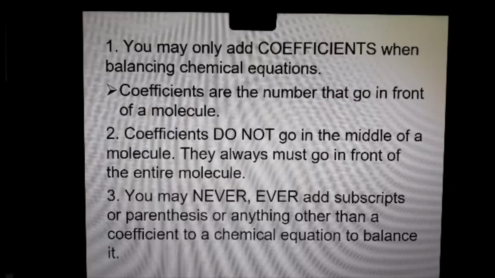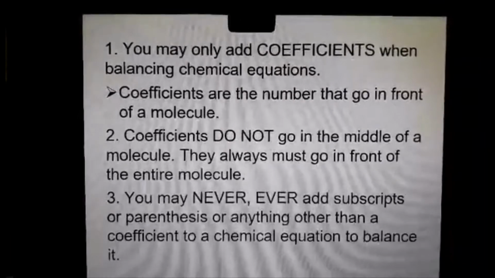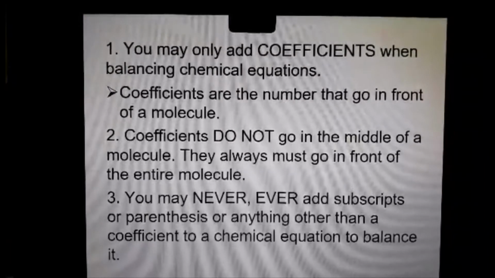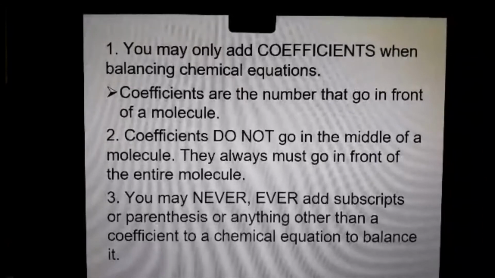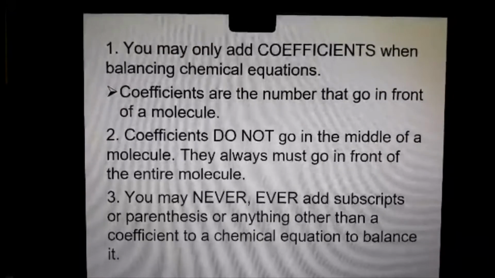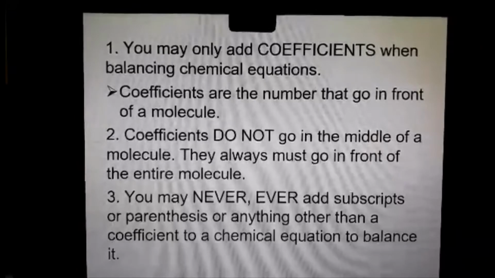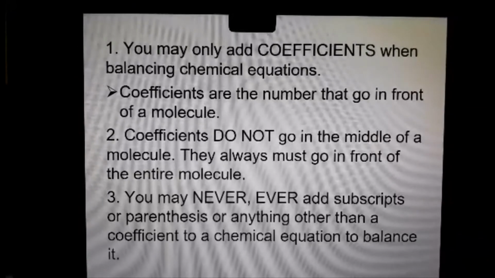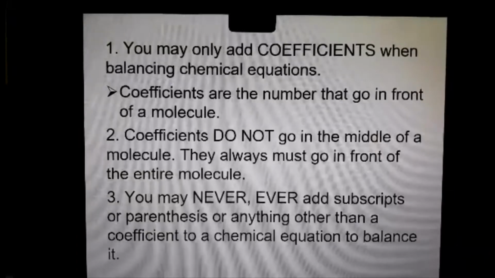Number one, you may only add coefficients when balancing chemical equations. Coefficients are the numbers that go in front of a molecule. Second, coefficients do not go in the middle of a molecule. They must always go in front of the entire molecule.